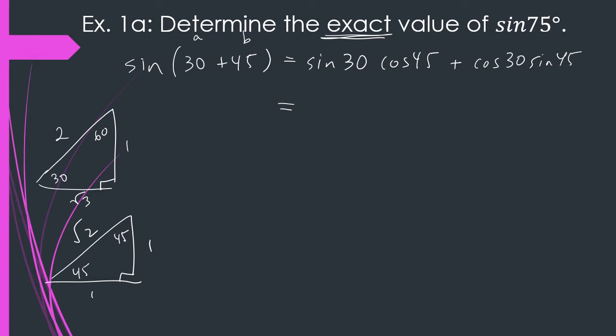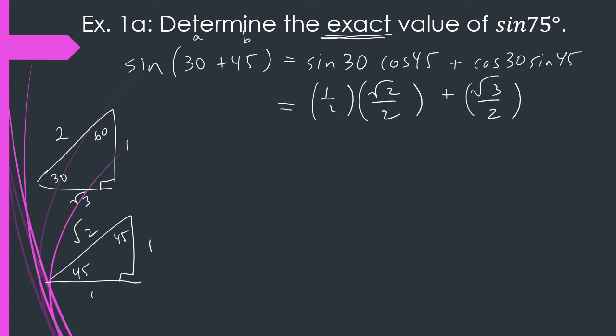Sine 30, opposite over hypotenuse, 1 over 2. Cos 45 would be 1 over root 2. I'm going to cut to the chase here. Can't have roots in the denominator, so root 2 over 2. Cos 30, adjacent over hypotenuse, root 3 over 2.